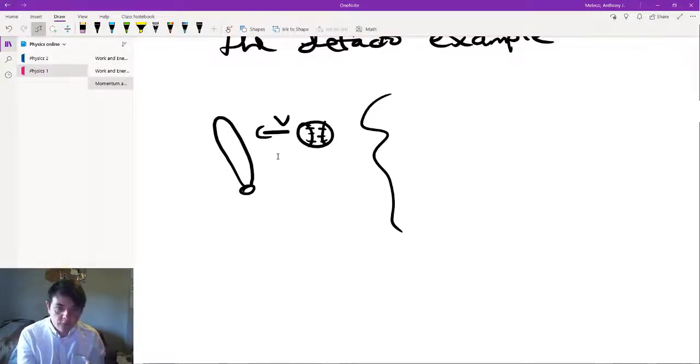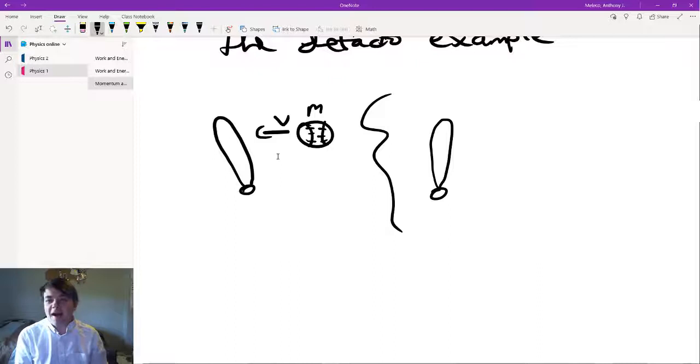If you were to try to just do that with Newton's second law, the computation time would be very long. It would be very challenging to pull that off, to look at what's actually going on during the collision. But if you examine the momentum of this ball before the collision and the momentum of the ball after the collision, right?